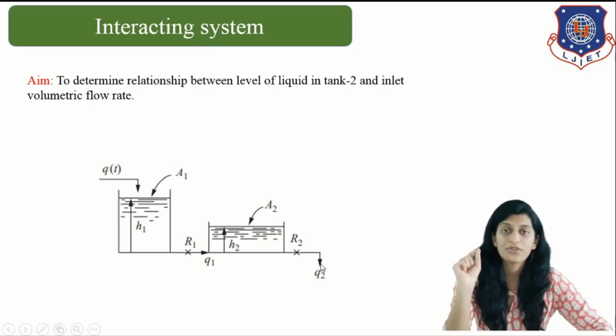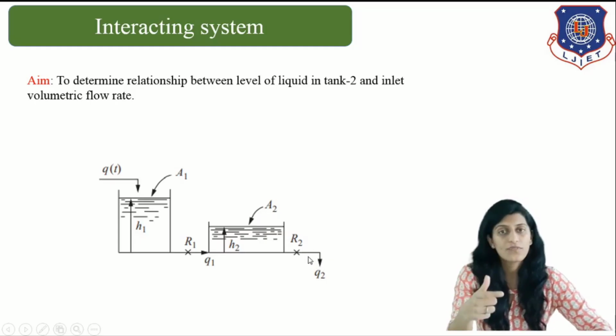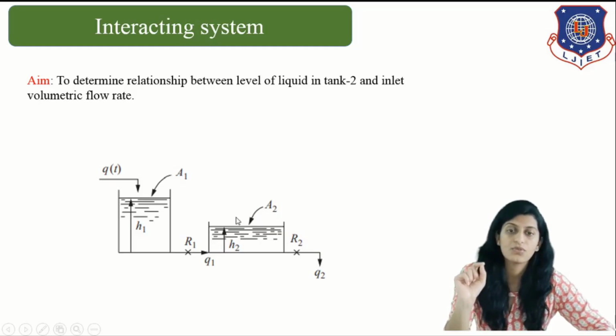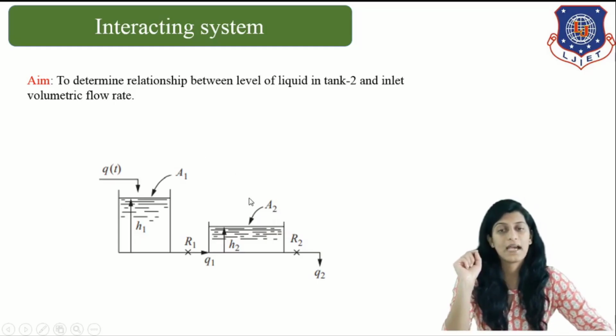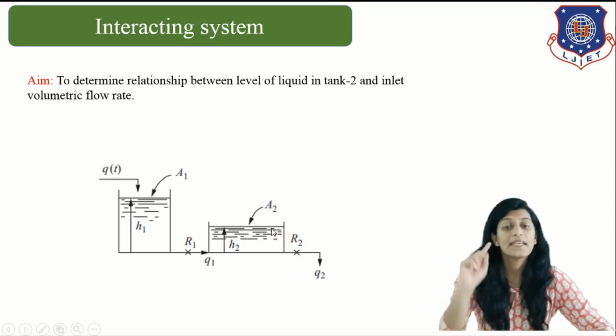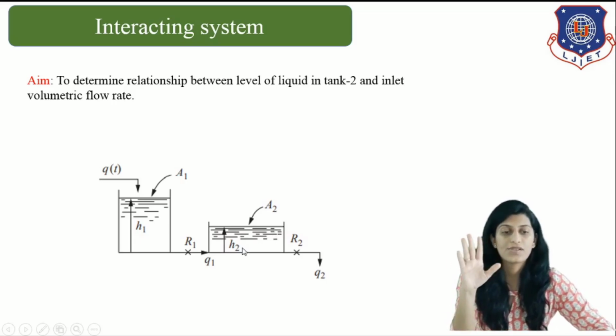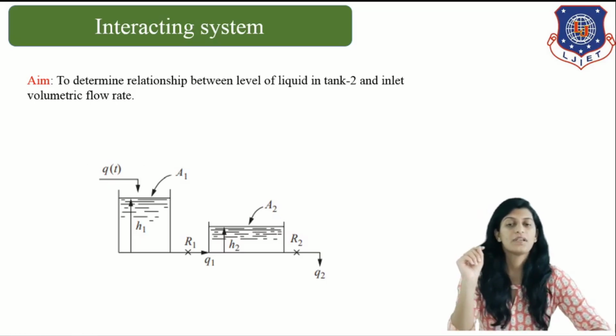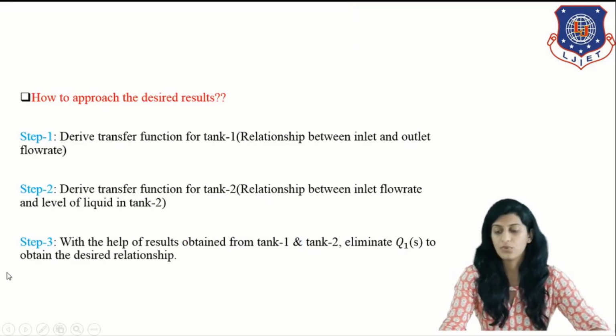Q2 is volumetric flow rate coming out of the tank 2. R2 is resistance provided to tank 2 and A2 is the area, right. So this is the entire assembly of interacting system. Now what we need to do is develop a relationship between H2 and this Q. So now let's just see how we can do that.